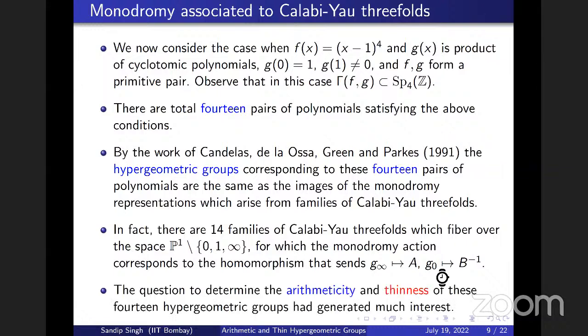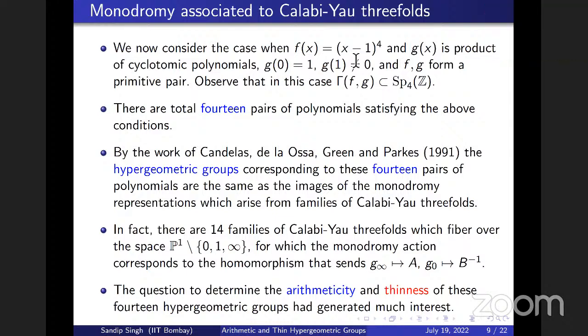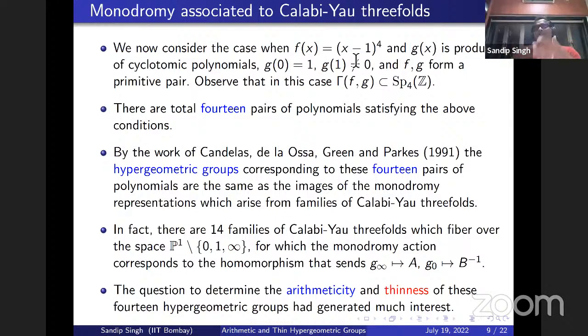Can you repeat why there are just 14 pairs of polynomials? No, this you can write. You understand how the cyclotomic polynomials are defined: x to the power n minus 1 divided by the product of phi d of x over the divisors d of n. So phi 1(x) is x minus 1, phi 2(x) is x plus 1 because it is x square minus 1 divided by x minus 1.